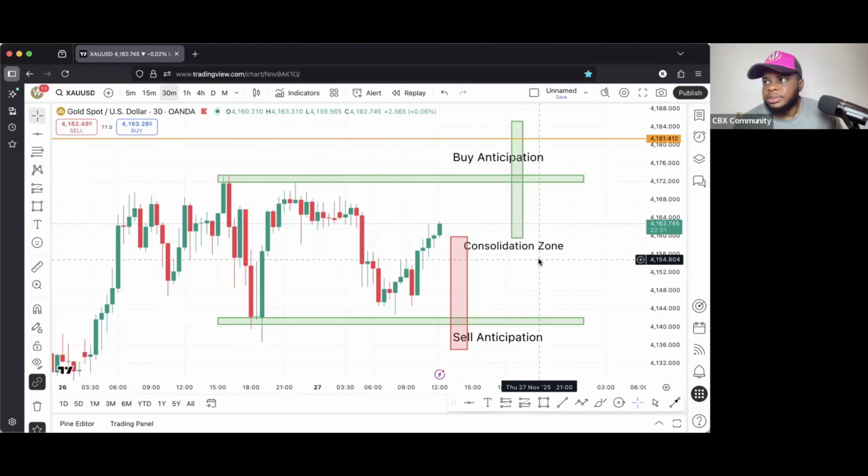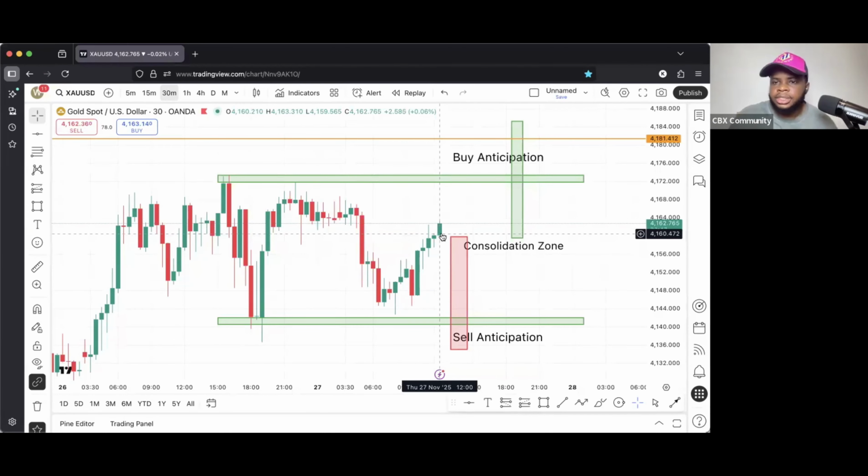So that means that it's following the market at this moment. Since this recent 30 minutes candle is kind of making a move for it to continue to go up to break this minor resistance over here, that means that it's following the market. We just need to be patient.